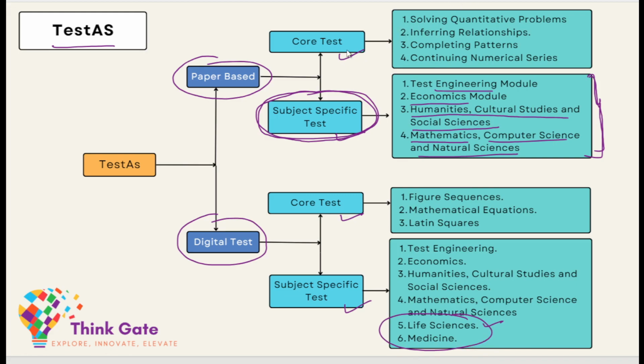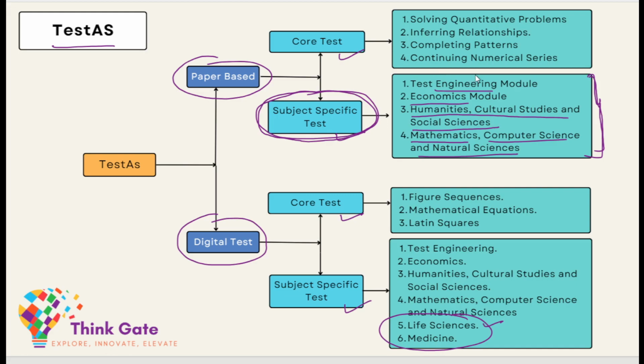There is a significant difference between the topics of the core test for the paper-based and digital exam. Both are optimized for their own test environment, so that the results of both tests can be comparable and no one would have an advantage over the other.